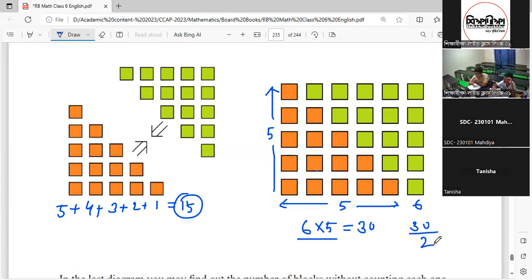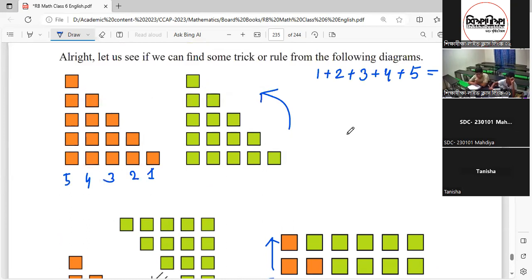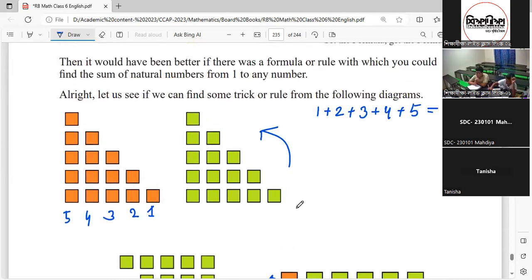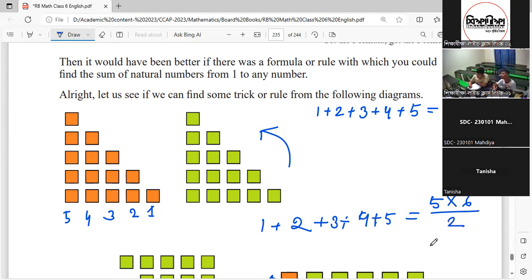30 over 2 is equal to 15. So we can say, if we assume that this is going to be a rule, so we can say 1 plus 2 plus 3 plus 4 plus 5 is equal to 5 multiplied by 6 divided by 2.